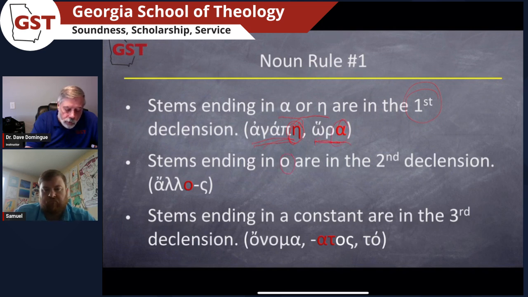Stem ending in the omicron is second declension, we've talked about, and it will have a certain pattern associated with its case endings, versus first declension will have a different pattern associated with its case endings. And stems ending in consonant, like this mu, will have a certain pattern associated with the third declension case endings. So different pattern, and we'll get to that one later.